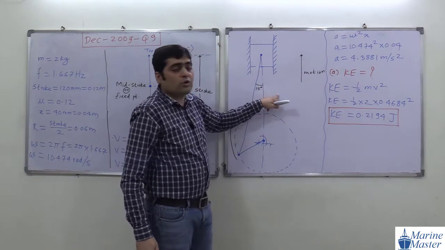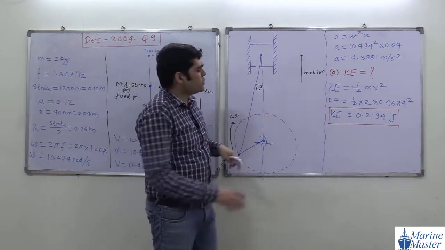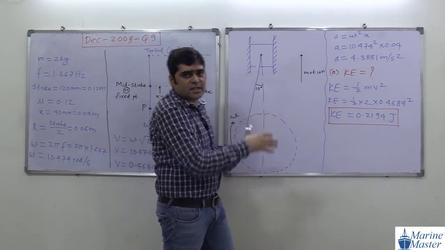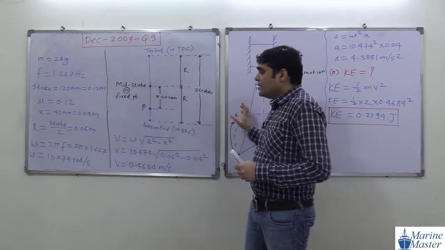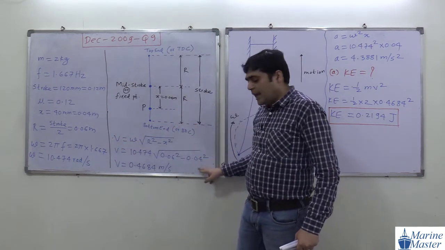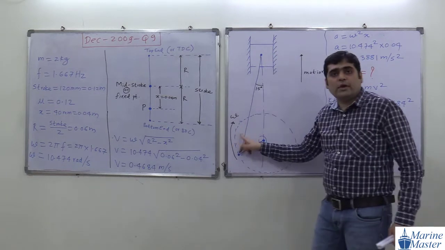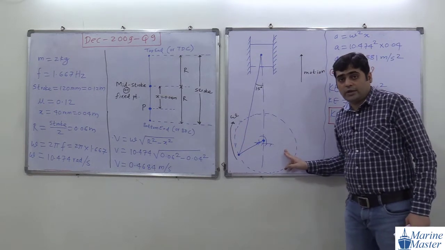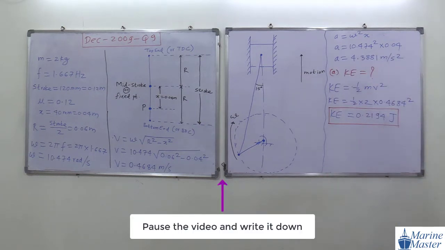We have to draw this drawing in the B part because we have to add a lot of things on this drawing, like forces and all those things. So first of all this one, then this drawing, then the calculation of velocity, and then this one. So everyone please complete this point.